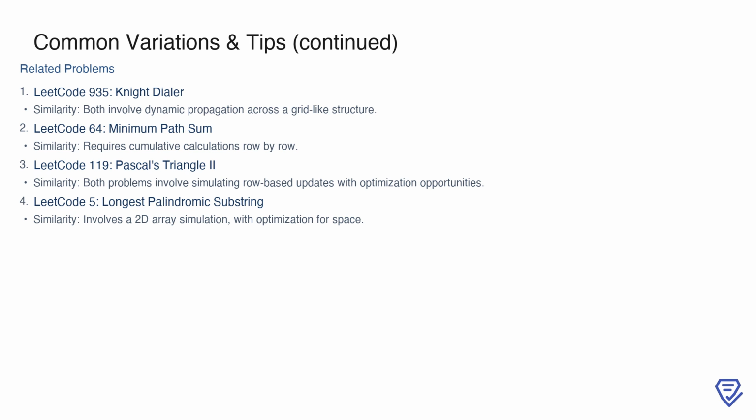LeetCode 119, Pascal's Triangle 2, is another closely related problem, as both involve simulating row-based updates with opportunities for optimization. Finally, LeetCode 5, Longest Palindromic Substring, shares similarities in its use of a 2D array simulation, where optimization plays a key role in reducing space complexity. These problems can provide additional practice in tackling grid-based or propagation-style challenges.